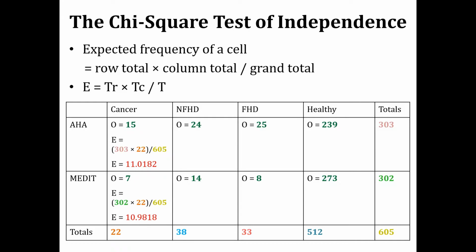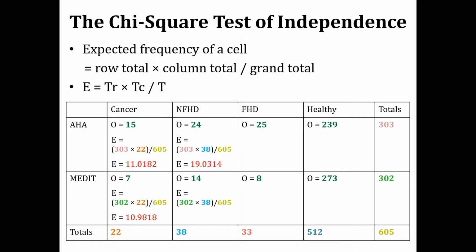Then the next cell, we have the non-fatal heart disease cases on AHA diet. The expected frequency is row total 303 multiplied by the column total 38, and then divided by the grand total, which is 605. The expected frequency is 19.0314. And then we have the non-fatal heart disease cases on Mediterranean diet.